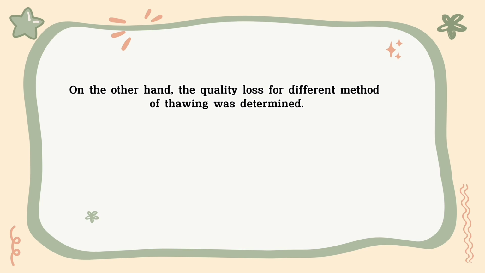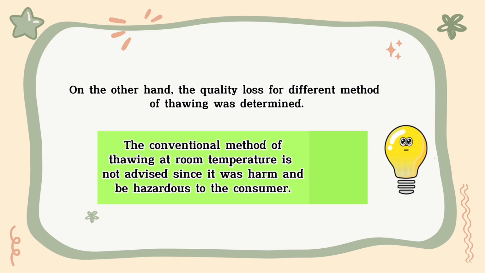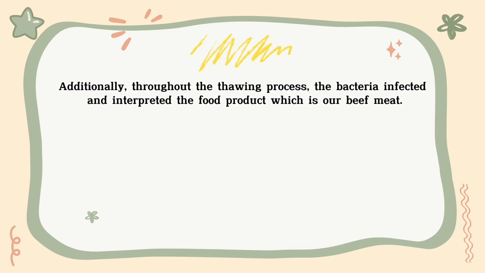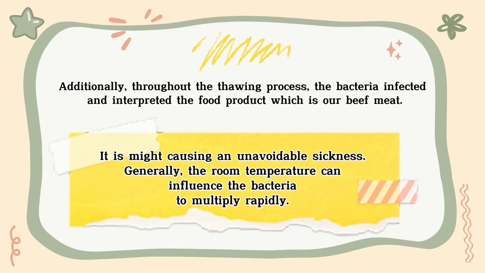On the other hand, the quality loss for different methods of thawing was determined. The conventional method of thawing at room temperature is not advised since it is harmful and hazardous to the consumer. Additionally, throughout the thawing process, bacteria infect and interrupt the food product, which is our beef meat, causing unavoidable sickness.